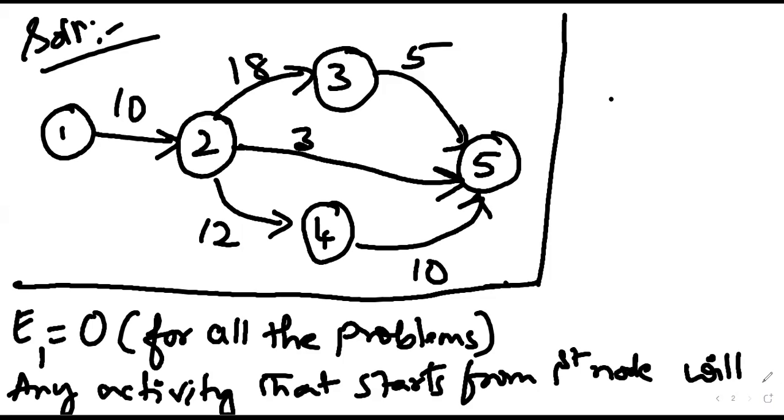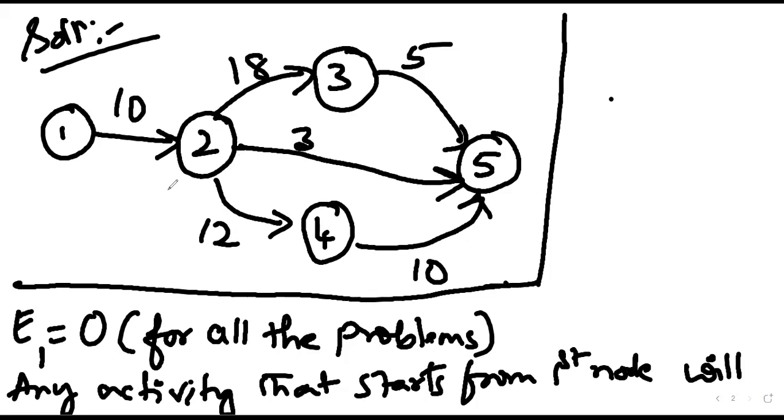Whenever you are calculating the early start for each node, you have to see how many activities finish on that particular node. For example, for E2, you have to see which activity finishes on the second node. If you were calculating L2, you would see how many activities start from the second node, because there you are coming from the reverse direction, from the fifth, third or fourth node to the second node, in the backward direction.